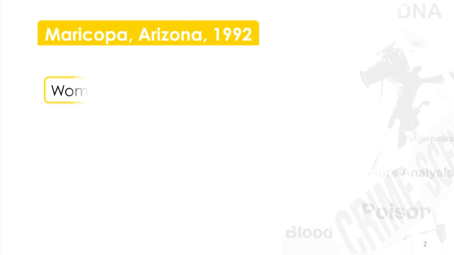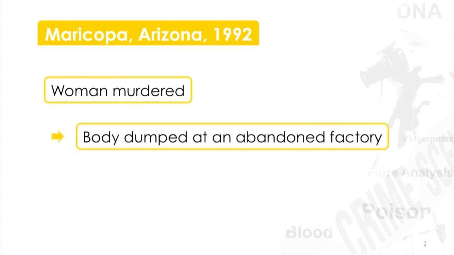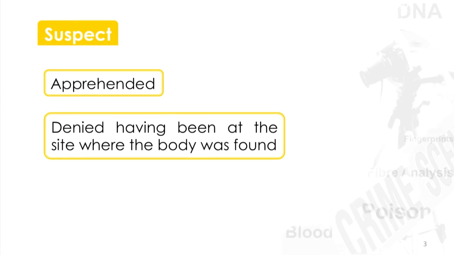A woman was murdered and her body was dumped at an abandoned factory in Maricopa County in Arizona. Now, based on ordinary police work, a suspect was apprehended, but he denied that he had ever been to the site where the body was found.